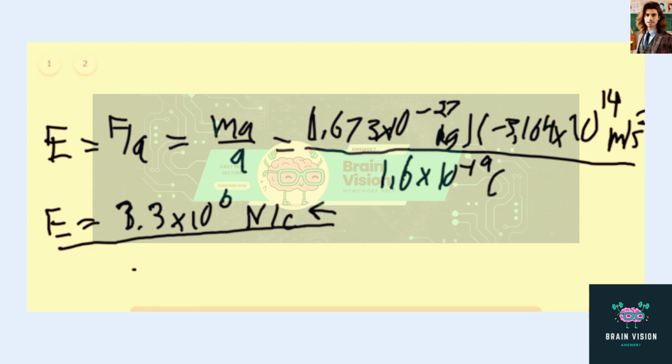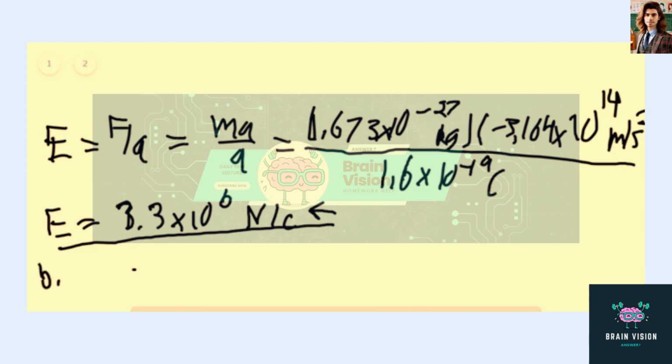Part B now is asking how long it takes the proton to stop, and that is a pretty easy kinematic equation again, because we just found acceleration, and we have initial velocity and final velocity.